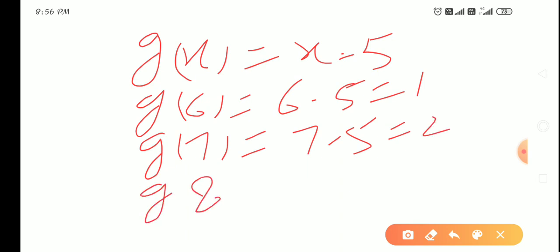If you put 8, then 8 minus 5, 3. So now you can see in this function, if I am putting the outputs of function f, 6, 7, 8, then I am getting 1, 2, 3. These are the inputs of function f. So in this case function f and g are the inverses of each other. Function f is x plus 5, function g is x minus 5. They are the inverses of each other. So in this way it will be possible.